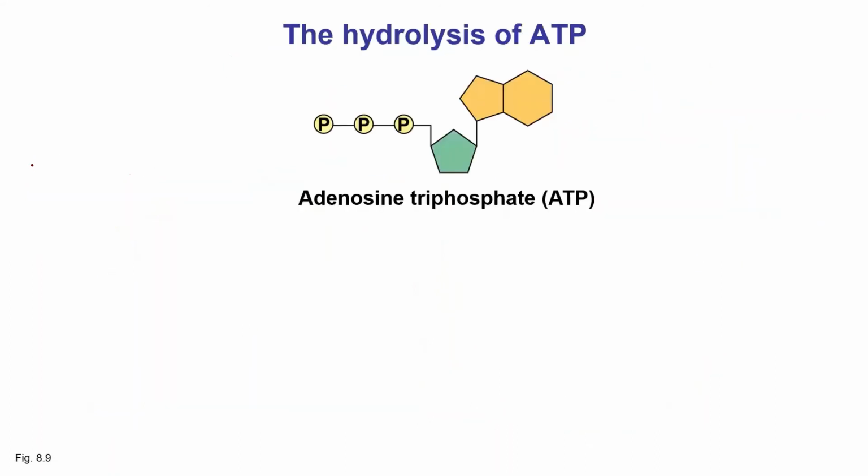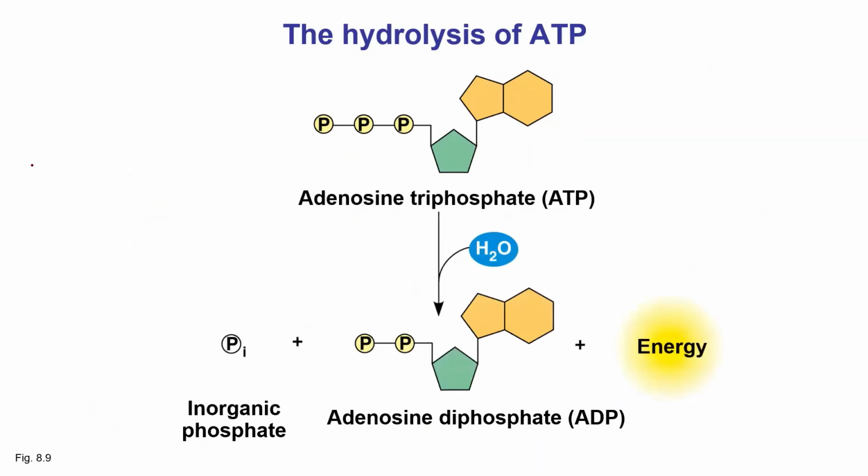You can see we've got 3 P's with circles around them. Those are the phosphates. We've got the pentose sugar and the nitrogenous base. And when we break that down using a hydrolysis reaction, that releases energy. And this whole exercise is to store and release energy when and where we want it as a cell.